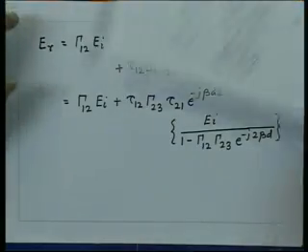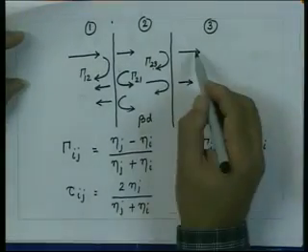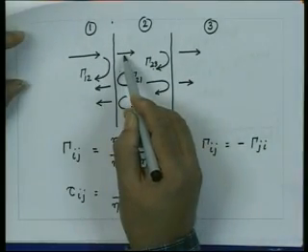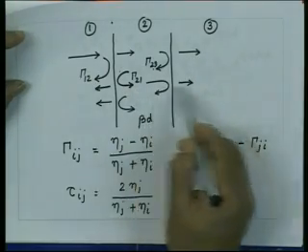So, precisely the same thing we can do for the transmitted wave also, which is going to this. So, this transmitted wave will be this transmitted plus this multiplied by this transmitted, then there will be 2 reflections and then this transmitted.